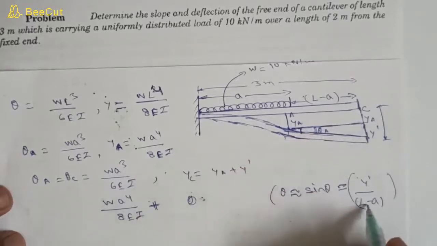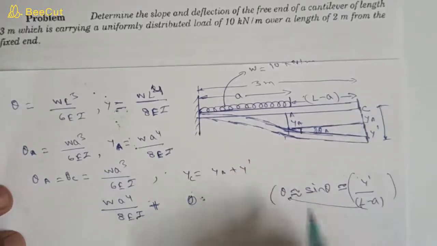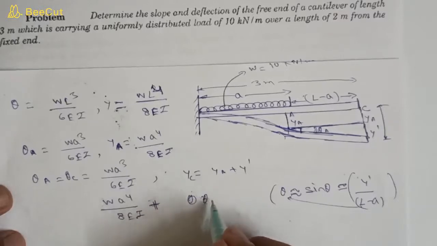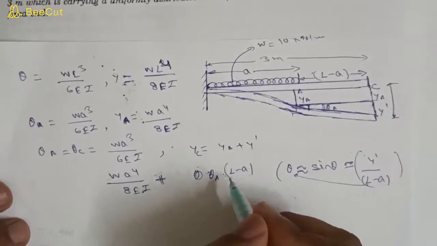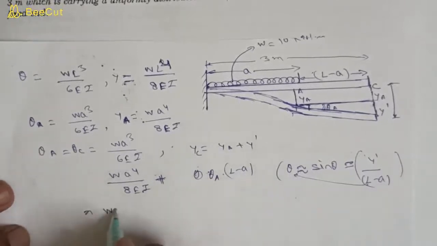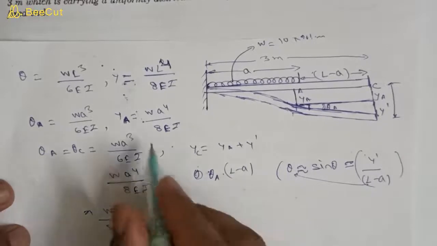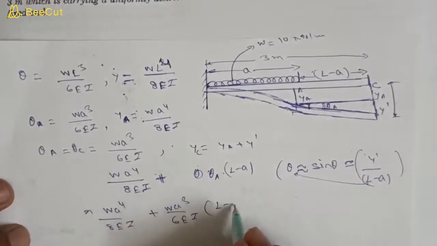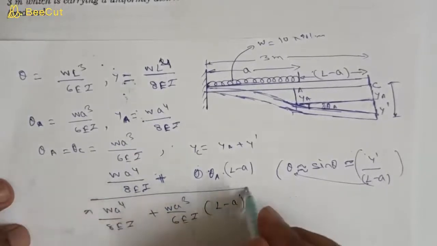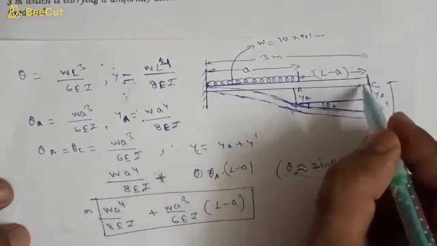Y dash is equal to theta A into L minus A. Theta A we already know, so we can write WA to the power 4 upon 8 EI plus theta A, which is WA cube upon 6 EI, into L minus A. So this will be the deflection at point C.